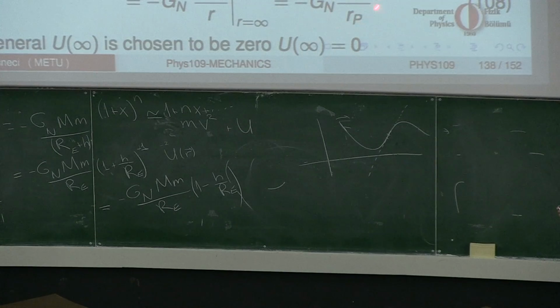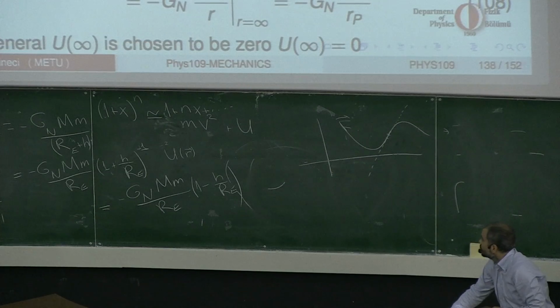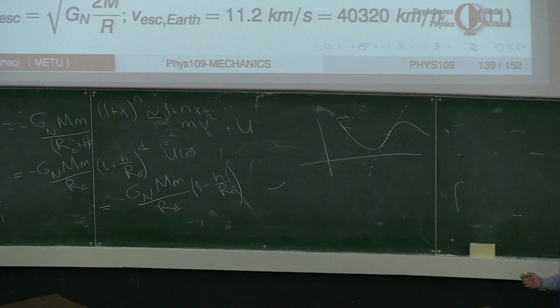Anyway, if you are close to the Earth, this does reduce to the mgh formula we had derived, but this is more general. For any distance, this is valid. So the question is this: what should the initial velocity of a mass be so that it will be able to reach an infinitely far away distance?